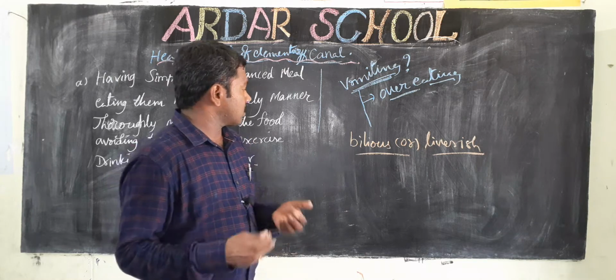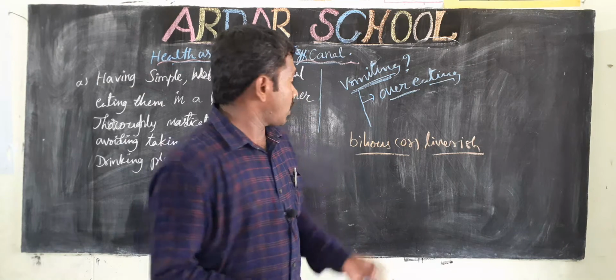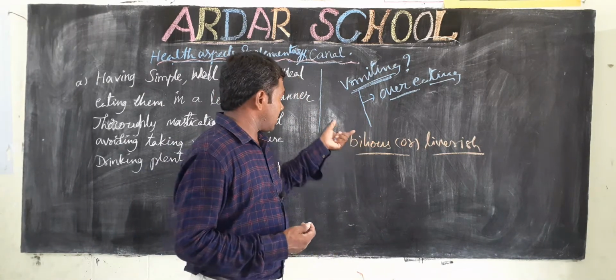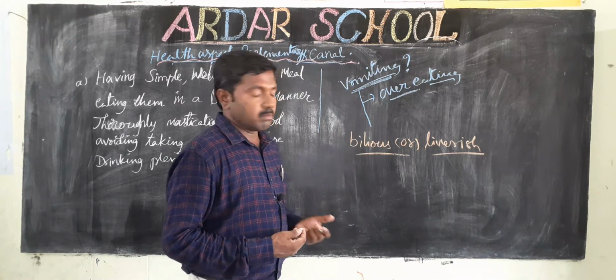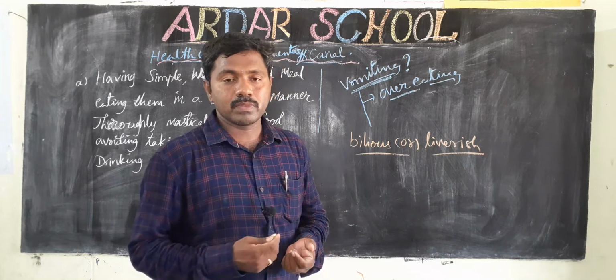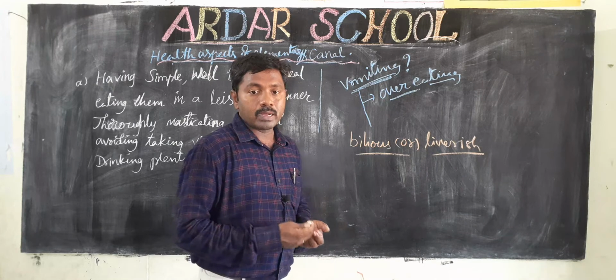When the food we take has more fats, the liver releases bile juices. But when we take fatty foods, they cannot be broken up into small globules, and at that time vomiting occurs.